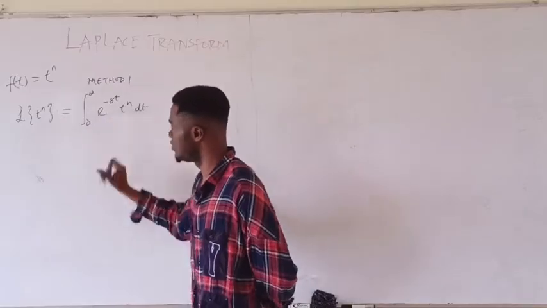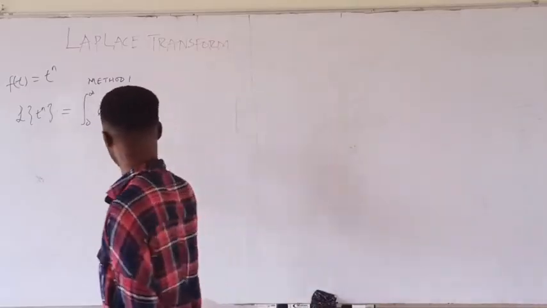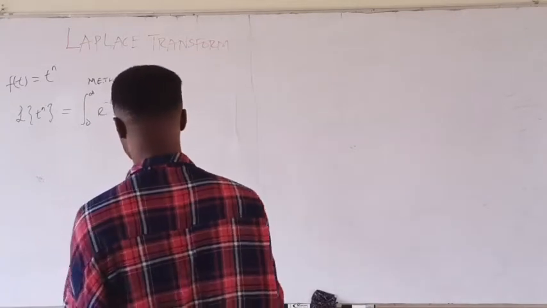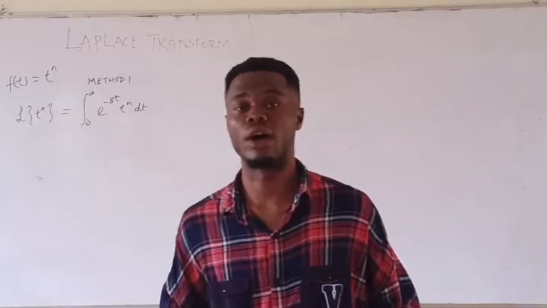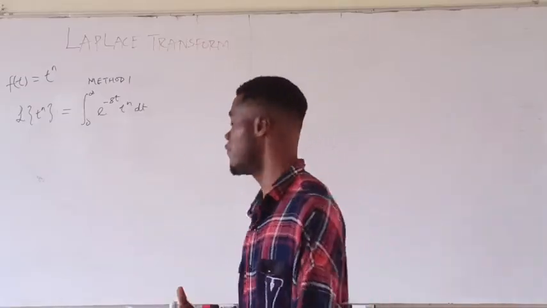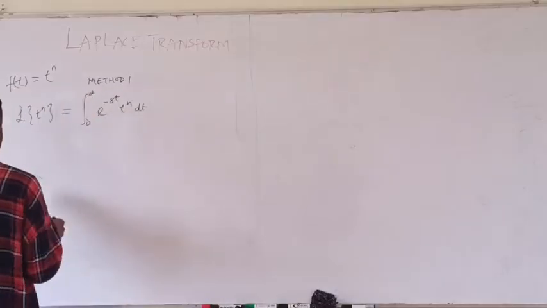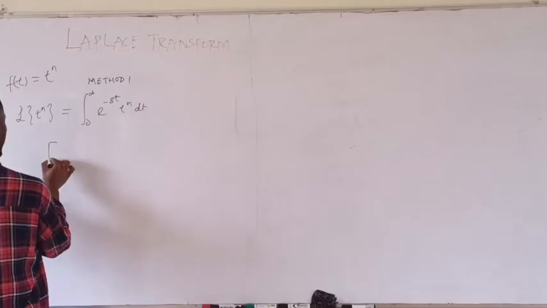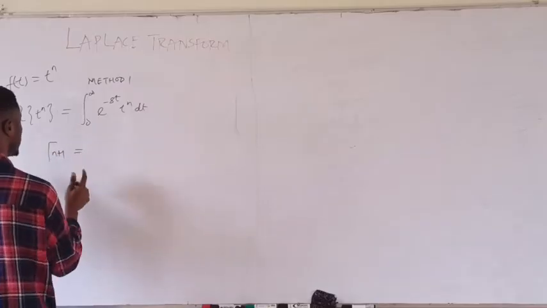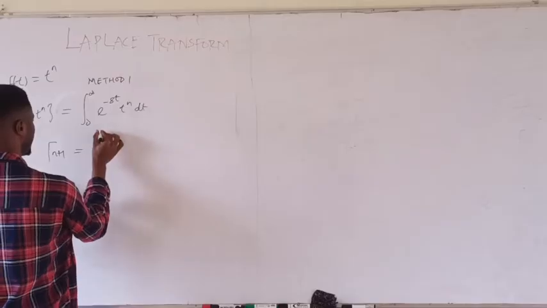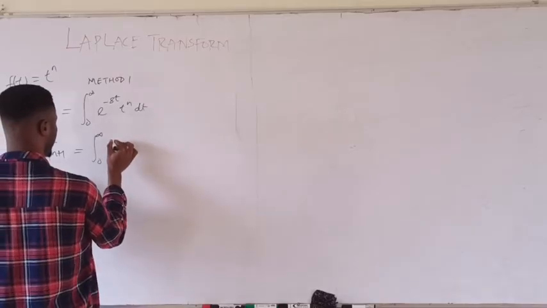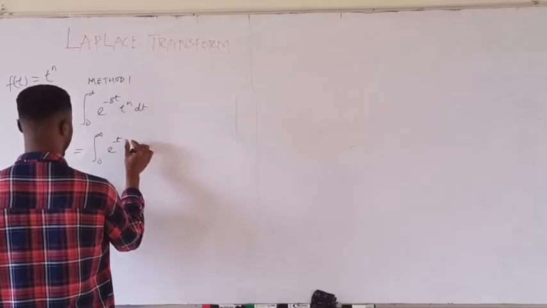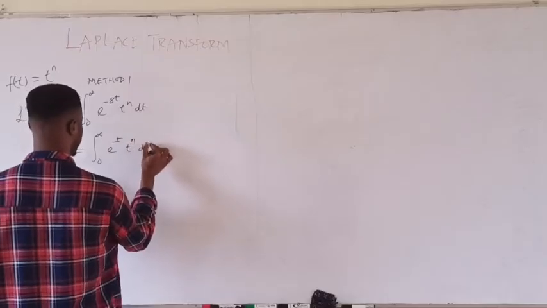Since this is equal to this, and if I look at this integral, it actually looks like a gamma function integral. And the gamma function says that gamma of n plus 1 is equal to the integral from 0 to infinity of exponential of minus t times t raised to the power of n dt.